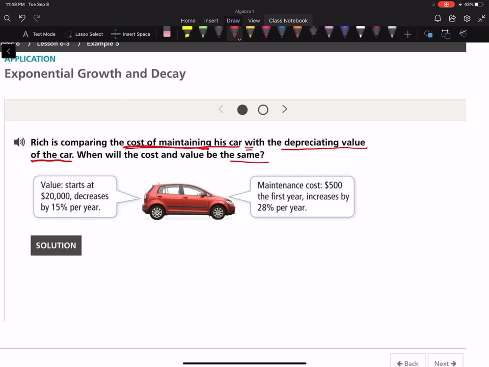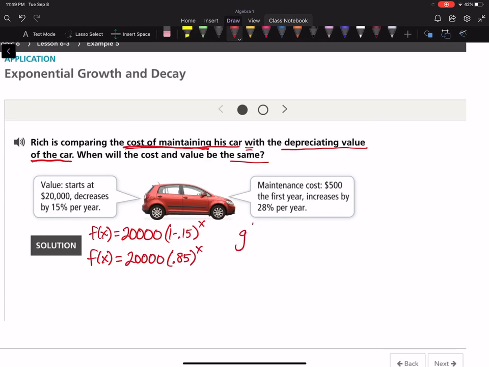It tells you the value starts at 20,000. So we'll say f of x equals 20,000 times, it's decreasing at 15%, so 1 minus 0.15 to the x power. Simplified, that'll be 20,000 times 0.85 to the x power.